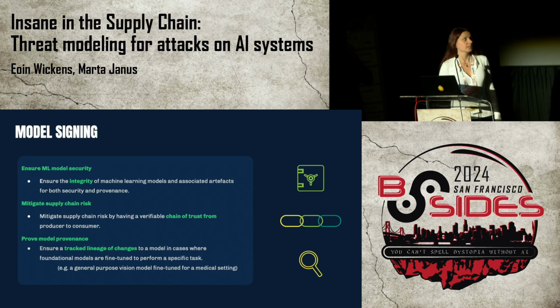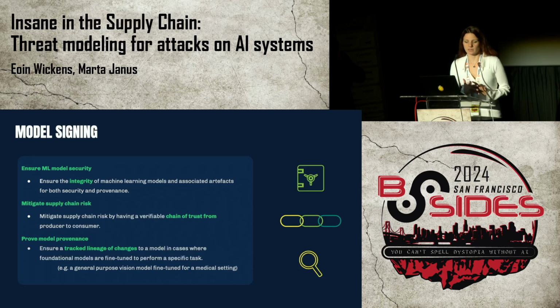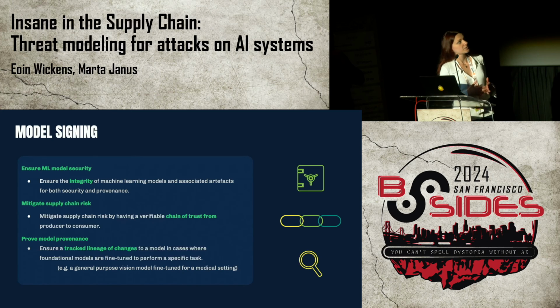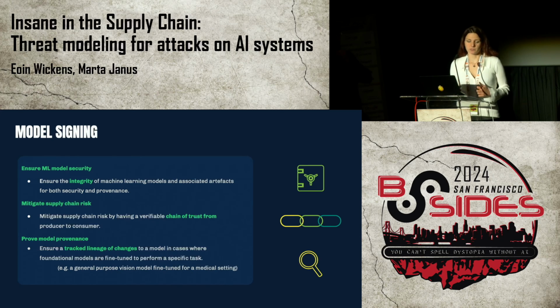And we are in the process of trying to set up some kind of model signing, so digital signatures for machine learning models to prove the integrity, the provenance, and the fact that the models were not tampered with, as well as tracking the lineage of changes in machine learning models, which is right now a really important thing with all the fine-tuning of LLM models and stuff like that.